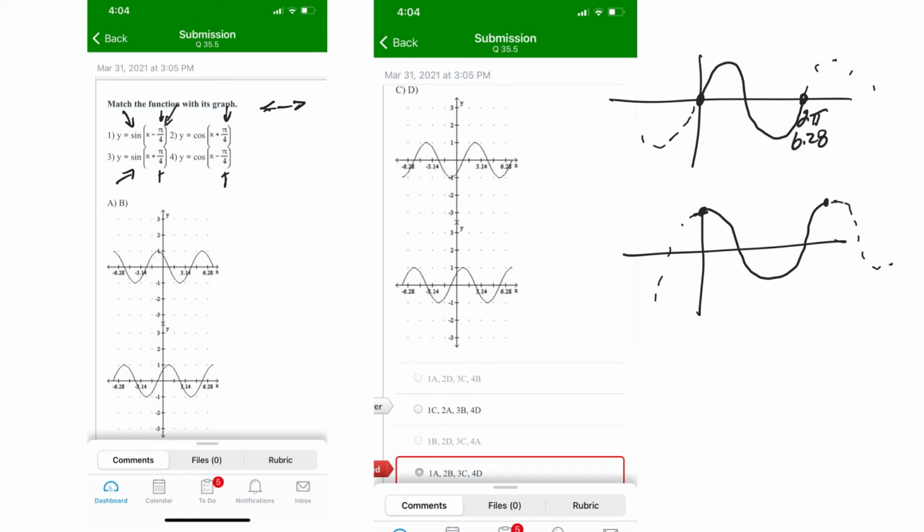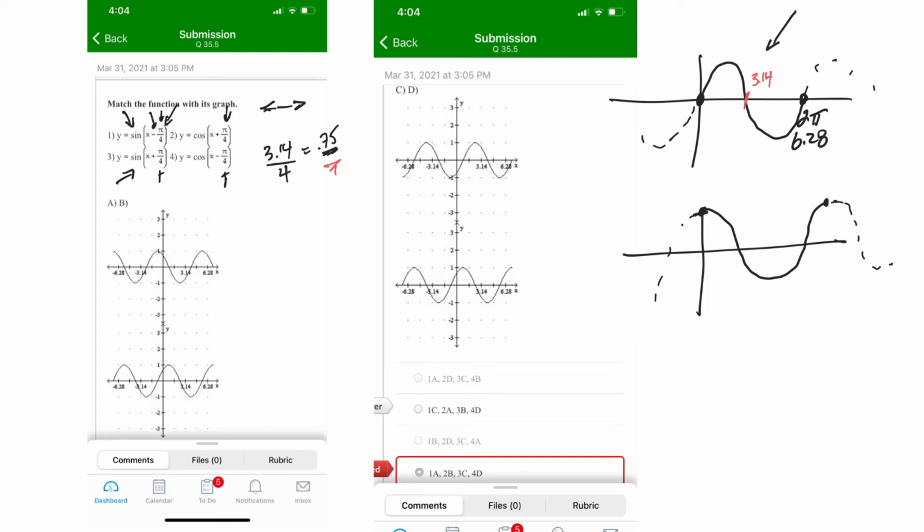So this is a sine graph that's been moved to the right by pi over 4. Pi is 3.14, over 4, so I'm calling that maybe about 0.75 or something. I'm looking for a graph that looks just like this one, except it's been moved over to the right a little bit. The middle here is 3.14.